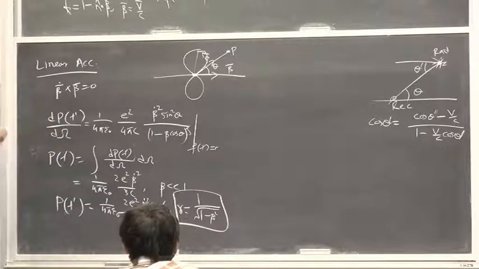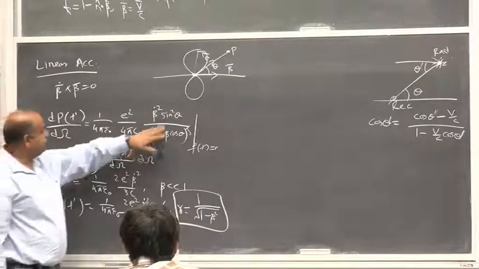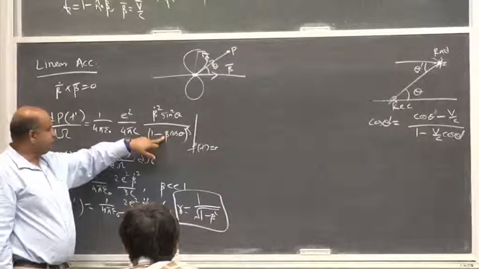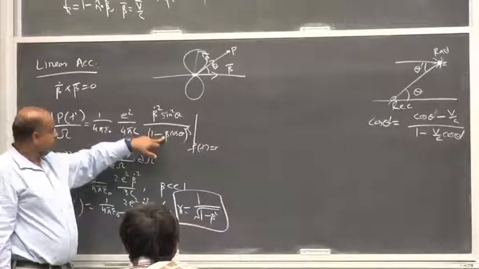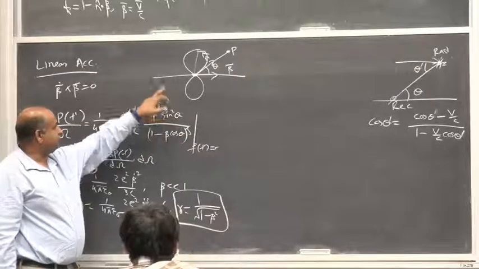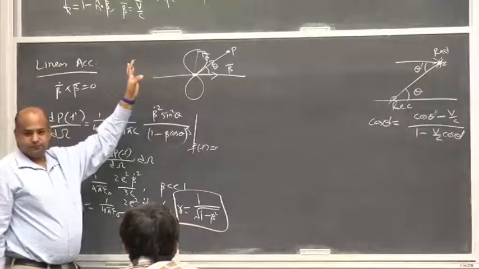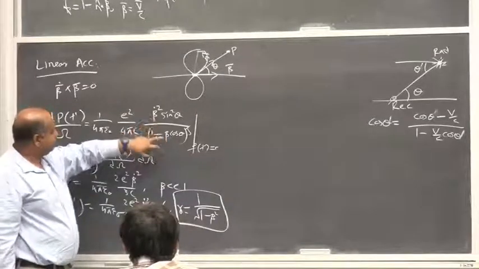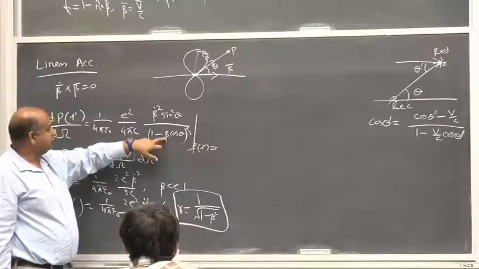Now, this was the situation when beta was small. So if this beta is small, this is roughly close to 0. So we can always take this to be 1. So this is just sine square theta, this is this value. Right? And when beta is large, so you can see, let's say beta is 0.5.